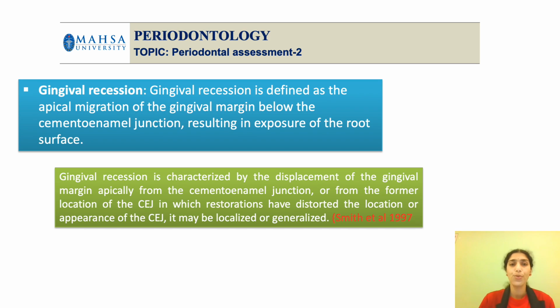Now let us look into another periodontal examination parameter, which is gingival recession. Gingival recession is defined as the apical migration of the gingival margin below the cemento-enamel junction, which results in exposure of the root surface. It is usually characterized by displacement of the margin below the CEJ, right?